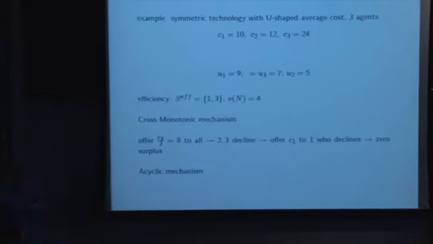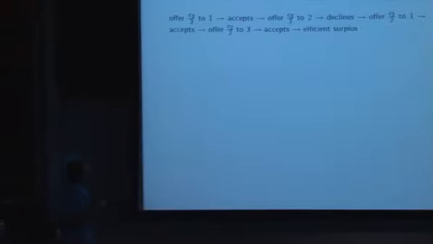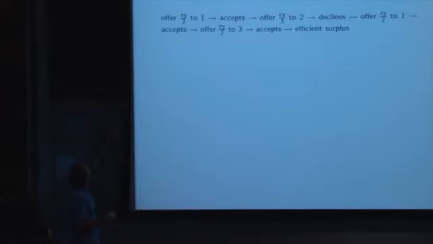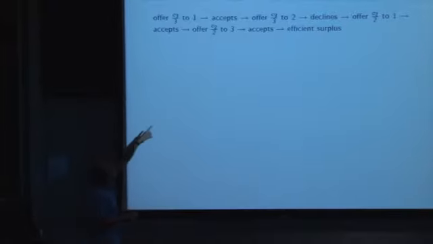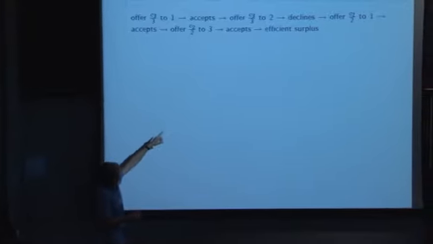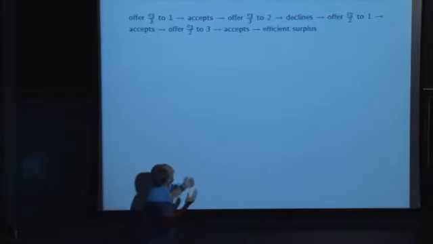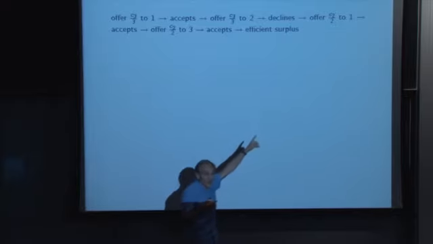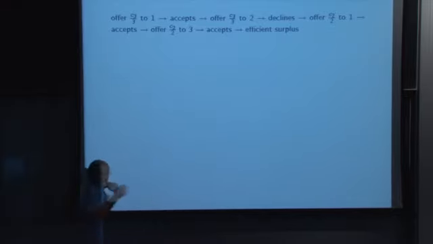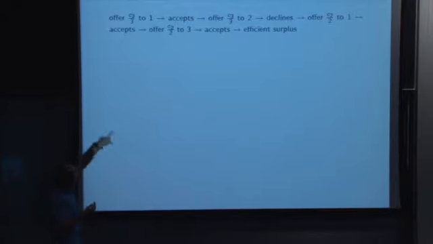But in an acyclic mechanism, you can do better simply by offering C3 over 3 to 1, who accepts, C3 over 3 to 2, who declines, but once 2 declines, now we know that there are only 2 people left, so we offer C2 over 2 to 1, and before saying anything to agent 3, C2 over 2, 1 accepts, C2 over 2, 3 accepts as well, and you reach the efficient surplus.